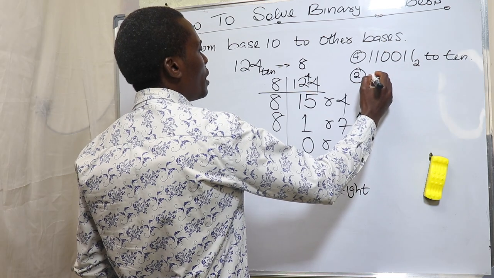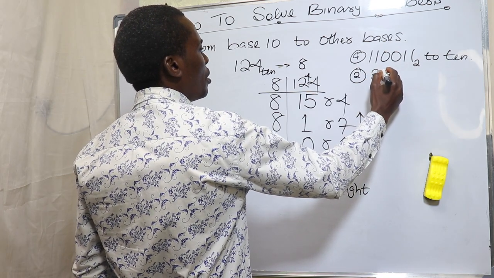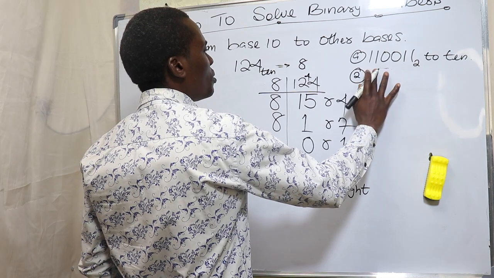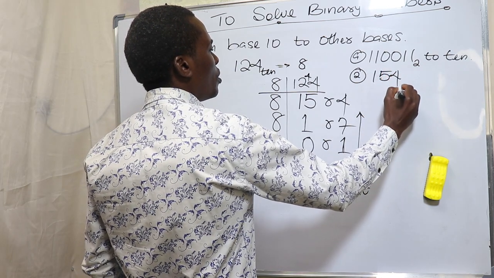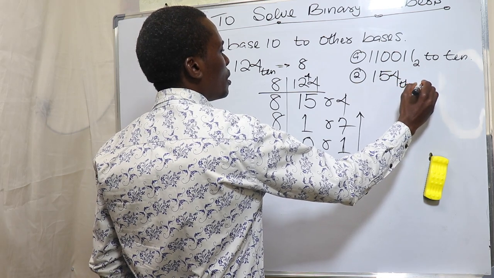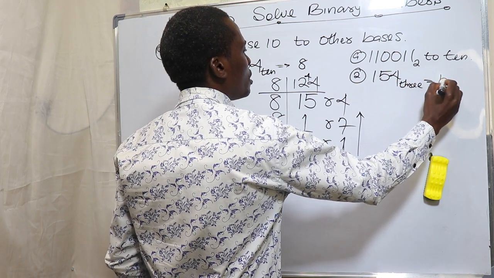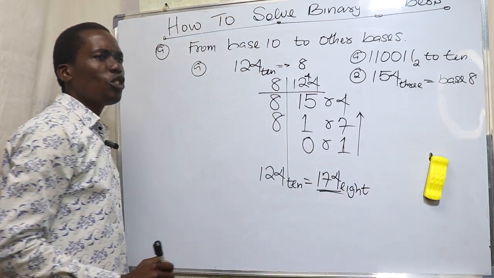I want to make you convert 154 for base 3. Make you convert am to base 8. So try these two questions.